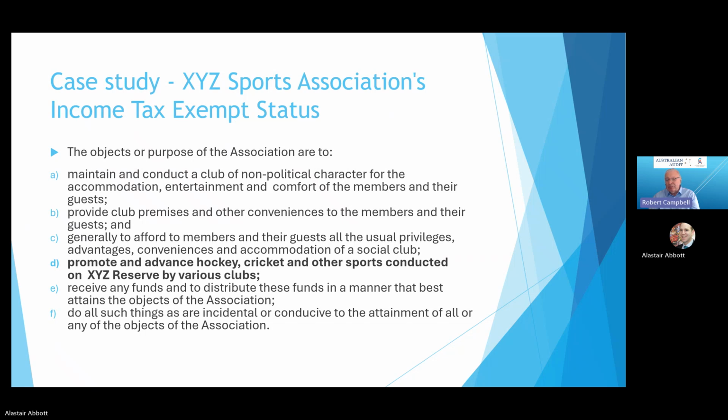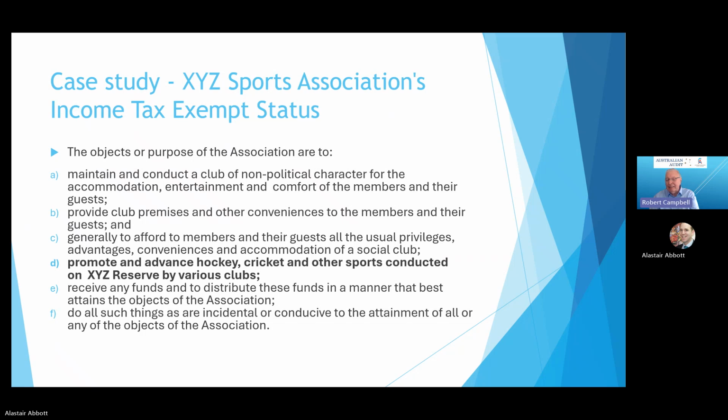So here's an excerpt from the constitution of the XYZ Sports Association. Now, you'll see the objects and purposes don't immediately say what their main purpose is. Right? In fact, hockey, cricket and other sports is down at object D. What's object A?